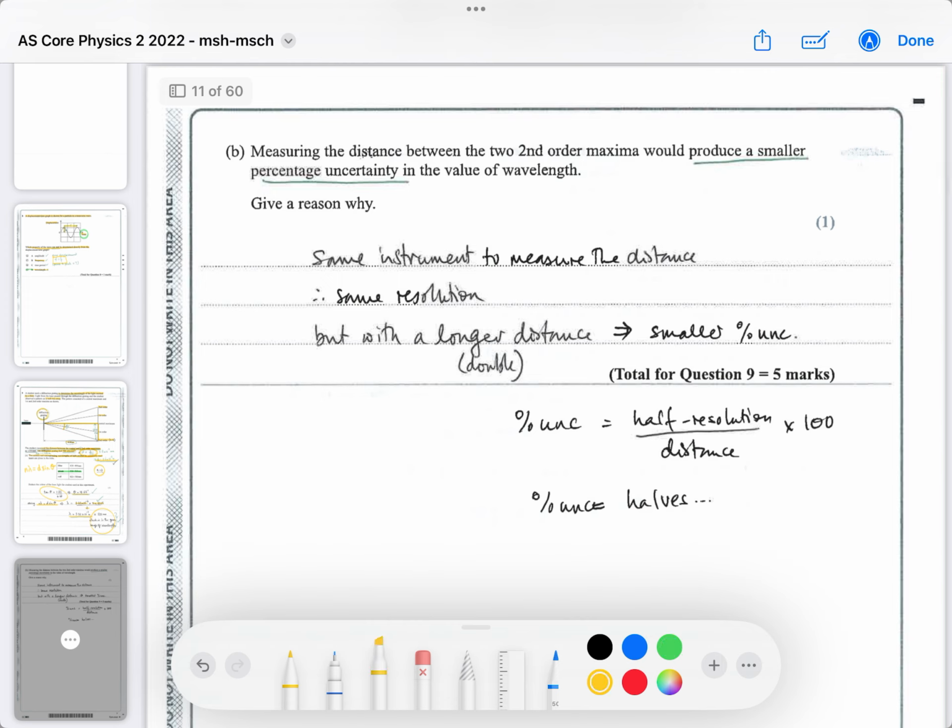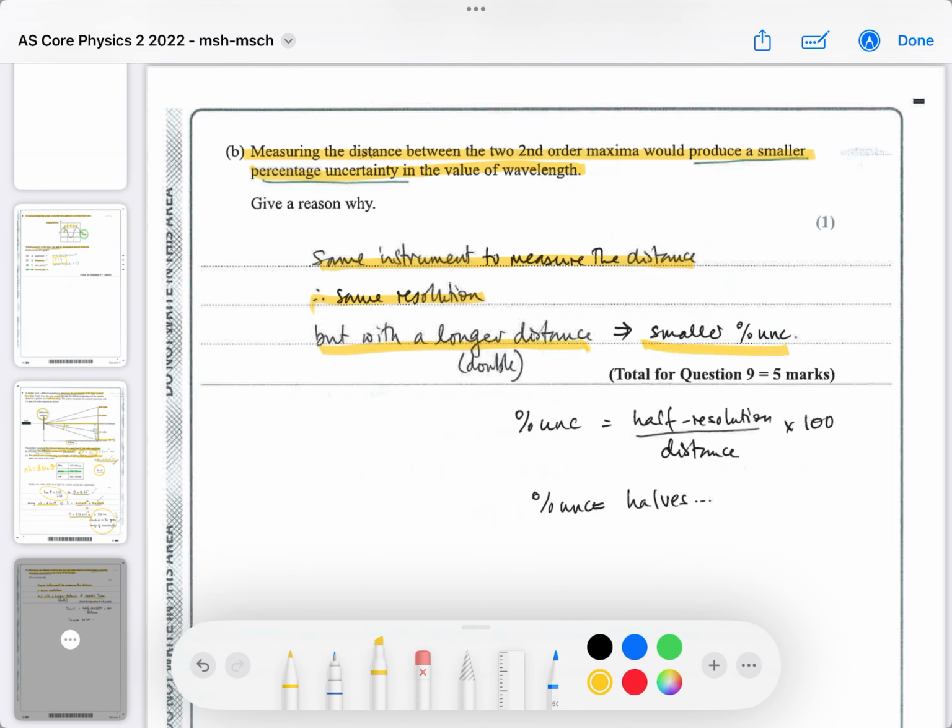The next question is talking about measuring the distance between the 2 second order maxima, one on each side, which produces a smaller percentage uncertainty in the wavelength. In other words, you would use the same instrument to measure the distance, so you'd have the same resolution, therefore the same absolute uncertainty, but with a larger distance, it would create a smaller percentage uncertainty.